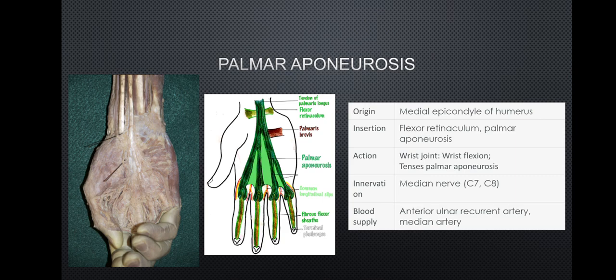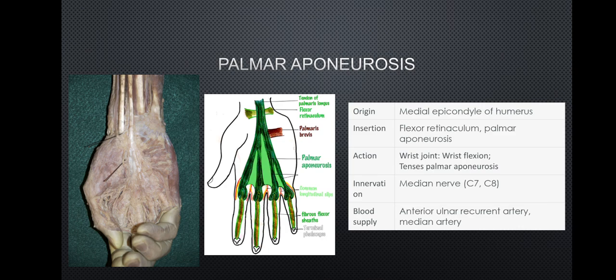Now moving on to the fibrous flexor sheaths of the fingers. These are the fibrous flexor sheaths of the fingers, as you could see in the picture. The fascia that is thickened and arched along the sides of the phalanges and across the base of the distal phalanx, whereas proximally it is continuous with the slip of the palmar aponeurosis.